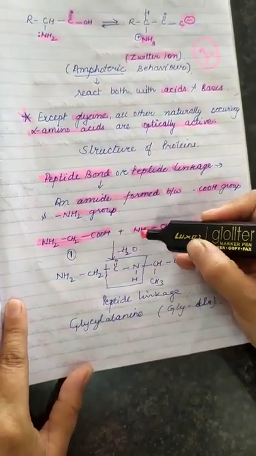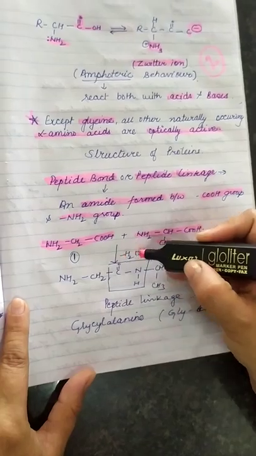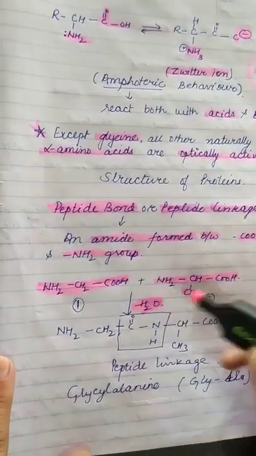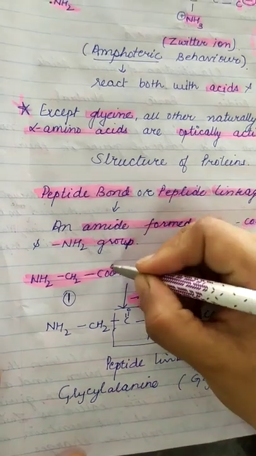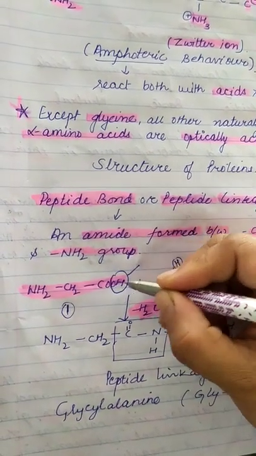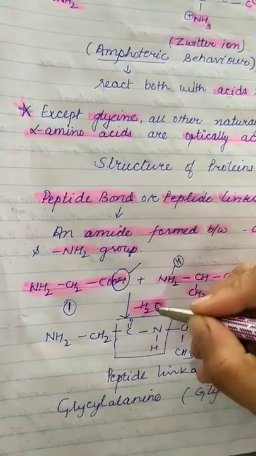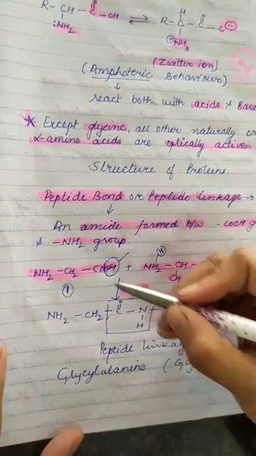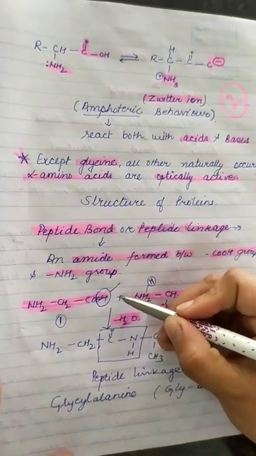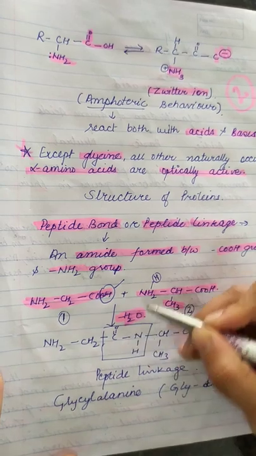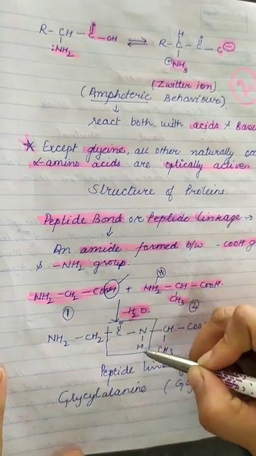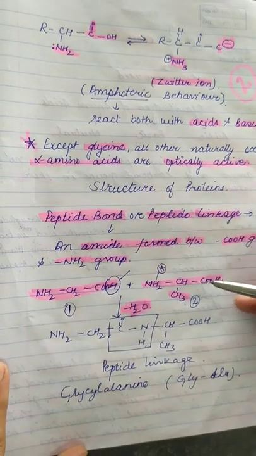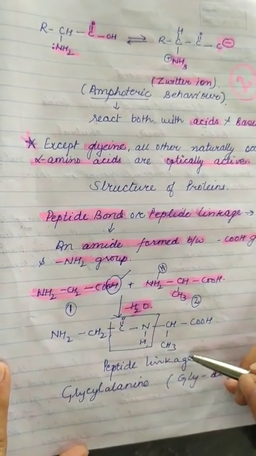C double bond O NH. There is a release of water, which means one H is gone from here and OH is gone from here. So H2O is gone. So the linkage is C double bond O, NH, and one H is left. This kind of linkage between the two amino acids is called peptide linkage.